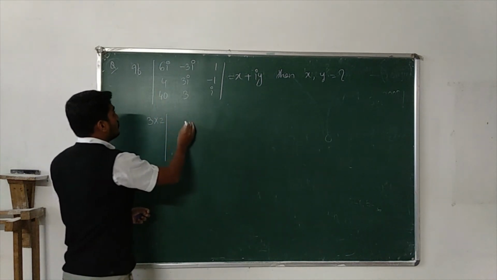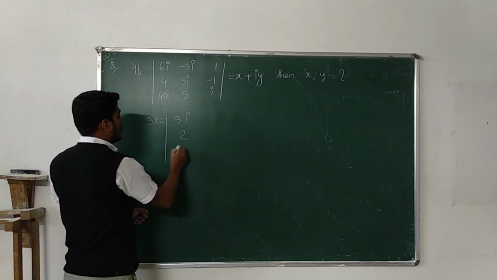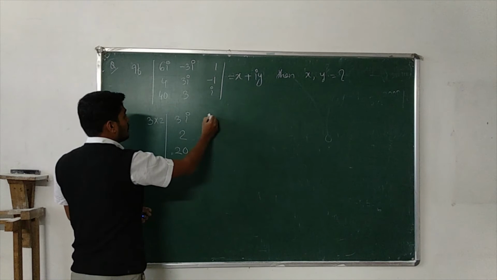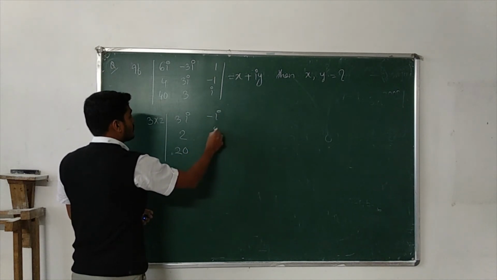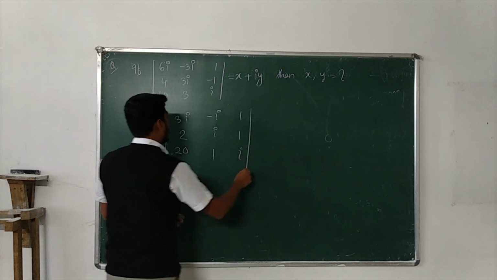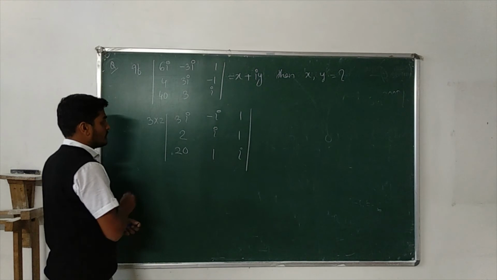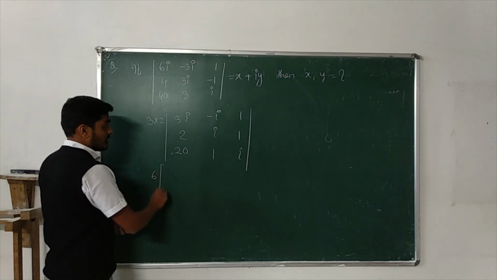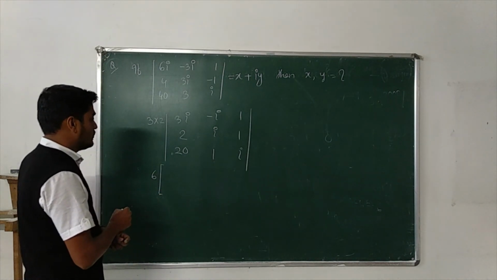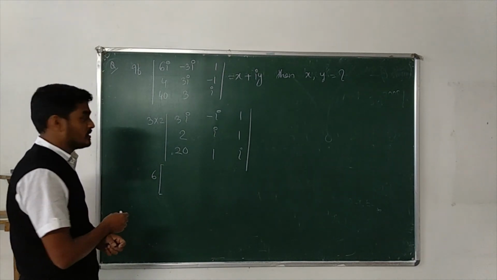Okay, we can easily think about it. So if 2 is common, then we'll have 3i, and it will be 2, and it will be 20. And here it will be minus i plus i, it will be 1, and i. Okay, so now we can easily expand it using the properties. So 6 into, let's just try to expand it. If you want, then you can easily subtract one from each other.